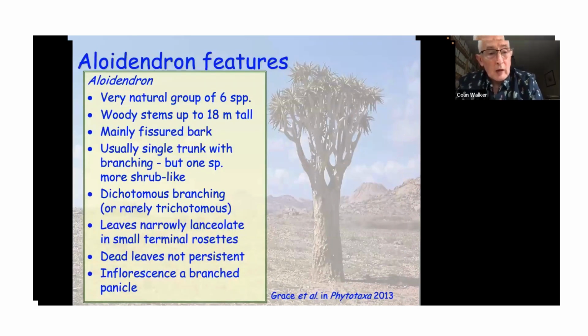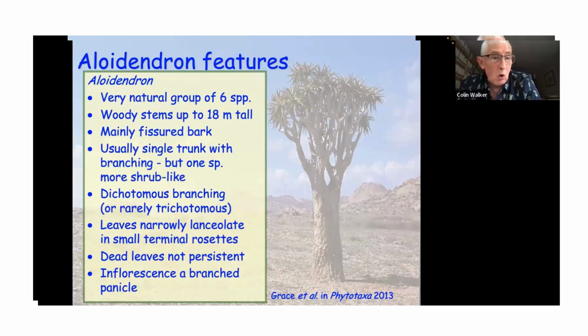Okay, so in 2013, Ronell Cropper and Gideon Smith published the new genus Aloidendron. This is actually a name that dates back to Alwin Berger in 1908.